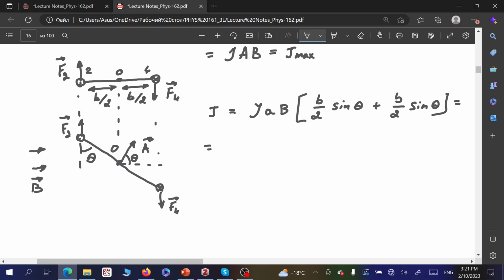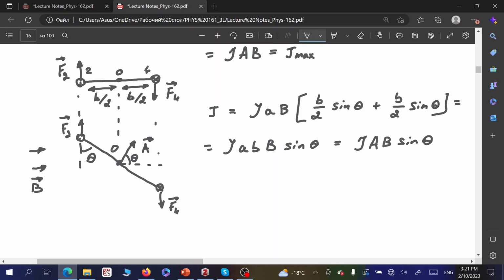And eventually we get I times A times B times magnetic field magnitude, and here we have sine theta, which is I times the area of the current loop times magnetic field vector magnitude times sine theta.